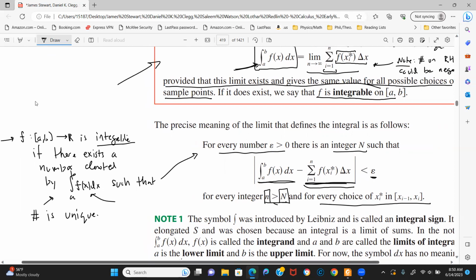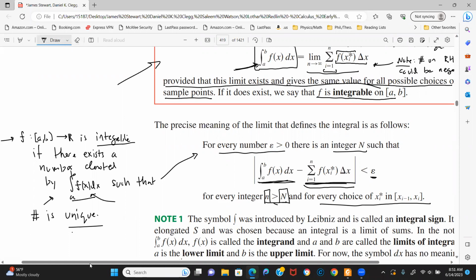So for example, if you take real analysis, which is kind of like calculus on steroids, you'll prove that this number right here is unique. That's something you might prove in that course, because it's not obvious that this number is unique.